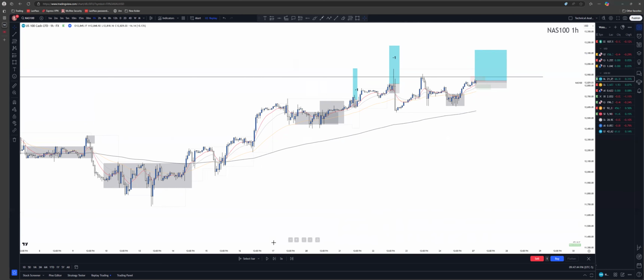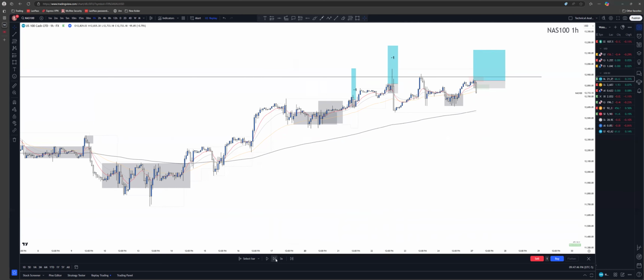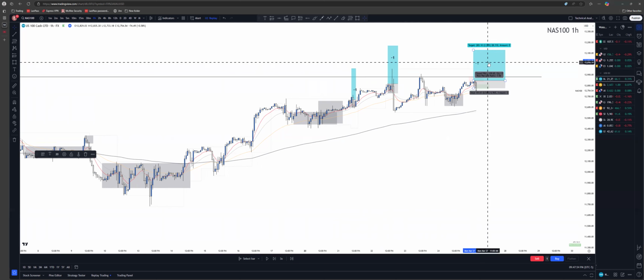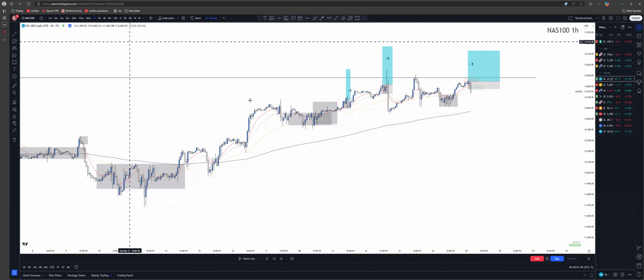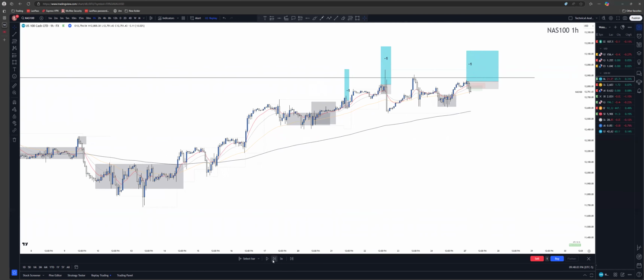We get tapped in, and let's see if we can manage. She gets tapped out yet again. Okay, so 6 straight losses. So yeah, let's look for the same setup.